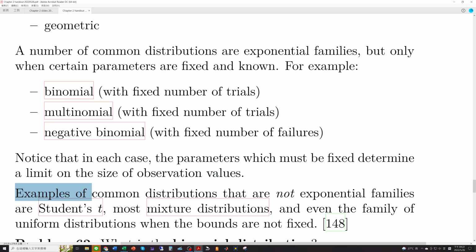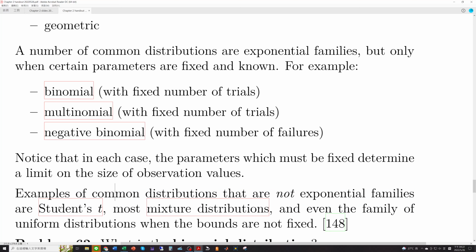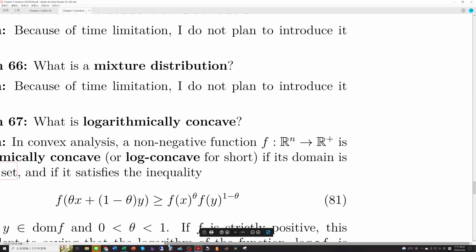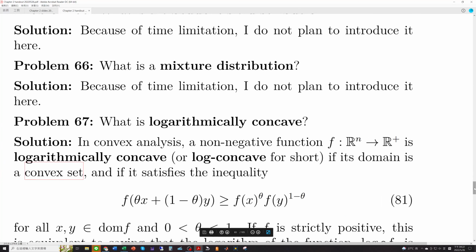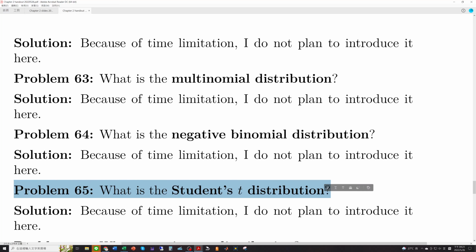Examples of common distributions that are not exponential families are Student's t. What is Student's t? Oh, sorry. Problem 65. What is the Student's t distribution?